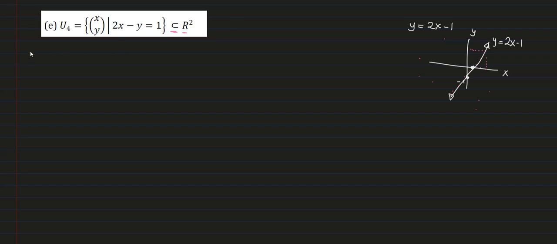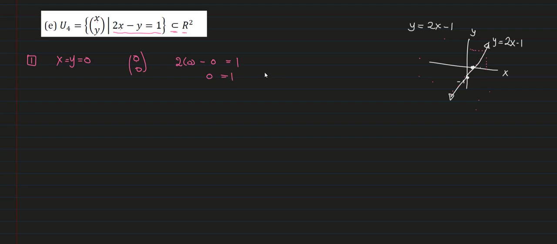Now let's rigorously test the conditions. The first thing, if x equals y equals 0, this means that we have the 0 vector. Now let's test the condition, which says that 2 times the first element, which was x and here it's 0, so 2 times 0 minus the second element, which was y and here it's 0. Does this equal 1? 2 times 0 minus 0 is 0.